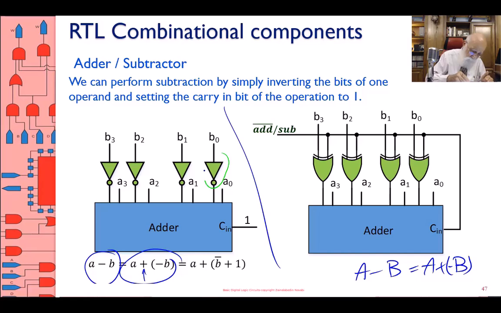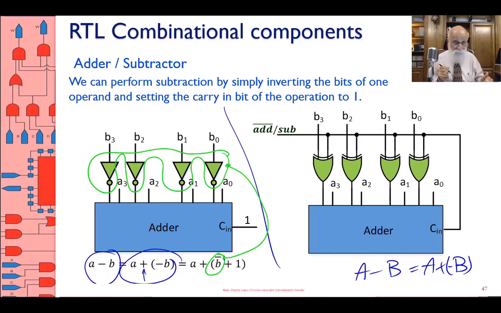This is complementing b. But that's not enough, because 2's complement of b is complementing and adding a 1 to it. Remember I said I don't recommend removing the carry in.